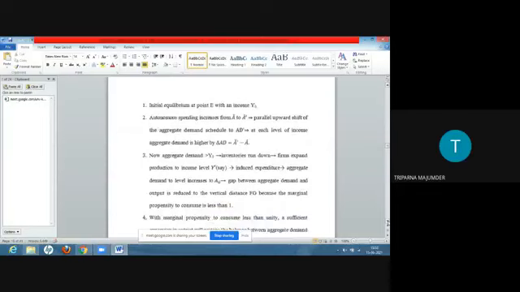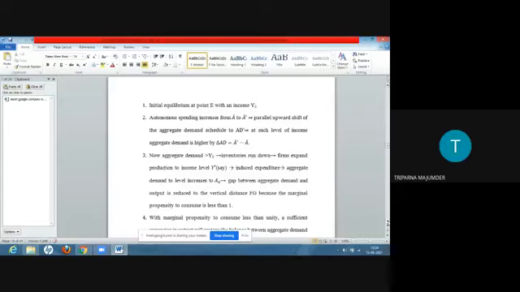So, as we have just seen from the diagram, the initial equilibrium point is at E with an income Y0. Autonomous spending increases from A bar to A bar dash, implying a parallel shift of the aggregate demand schedule to AD dash. This implies that at each level of income, aggregate demand is higher by delta AD, which is equal to A bar dash minus A bar.